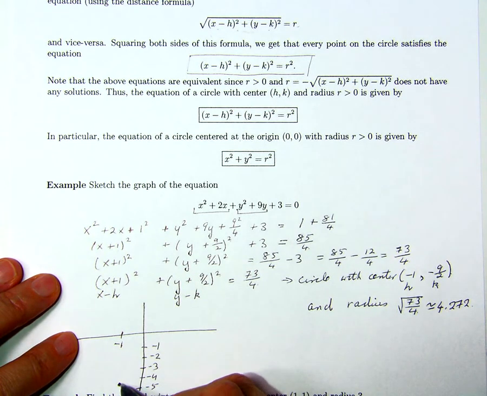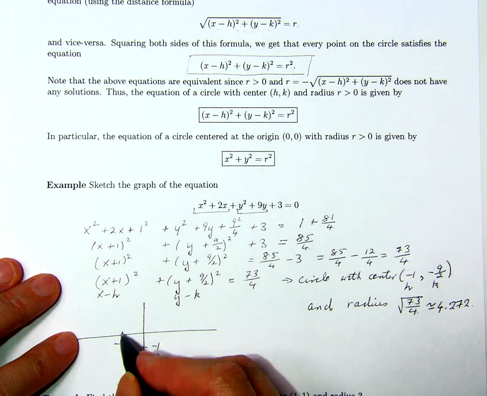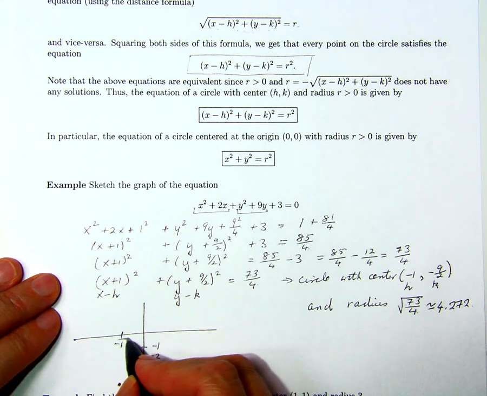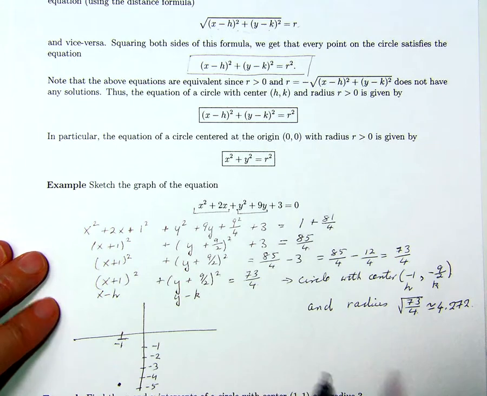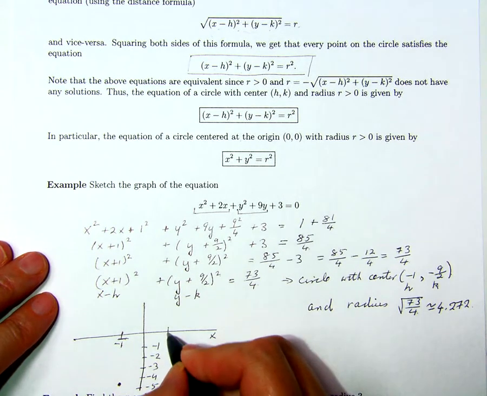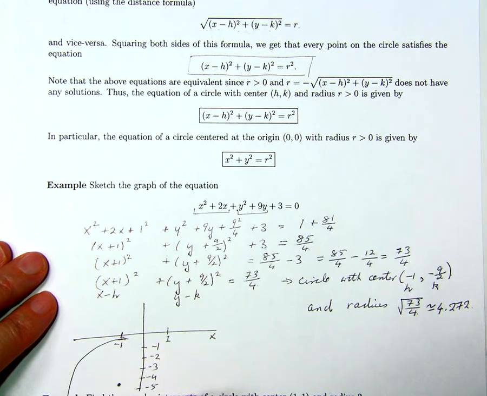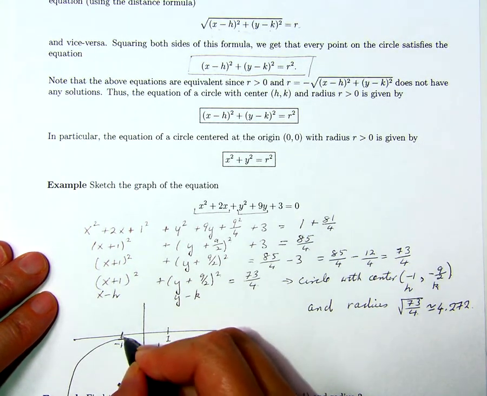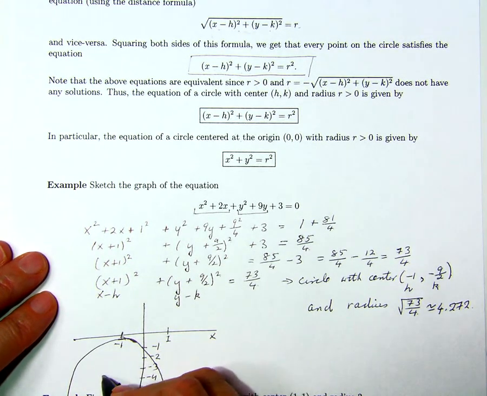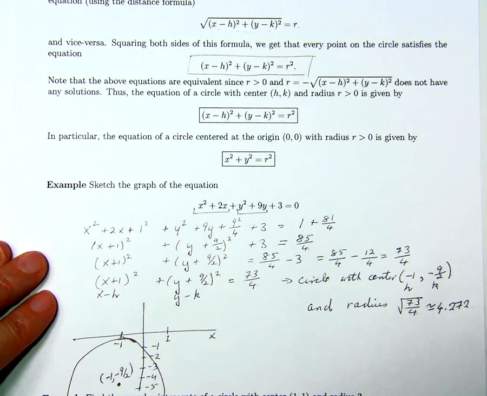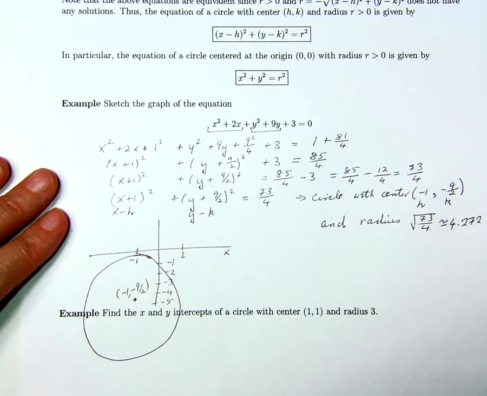So from here to here is 4.5, so it falls a little short of the x-axis at its highest point. It's a circle with that center and that radius, so it roughly looks like that. Pardon me, it looks more like that.